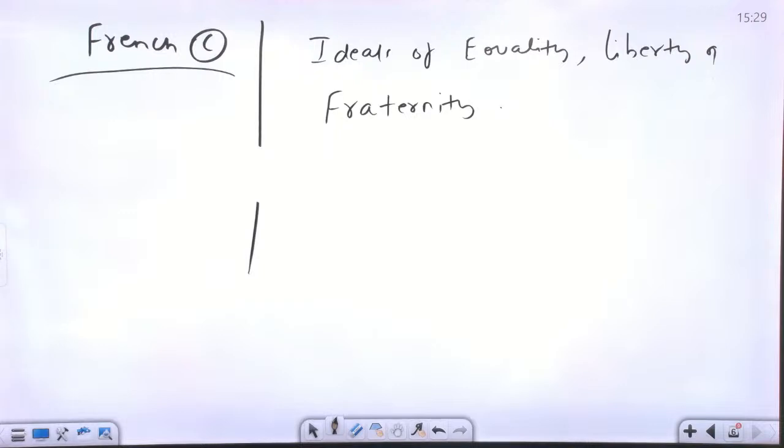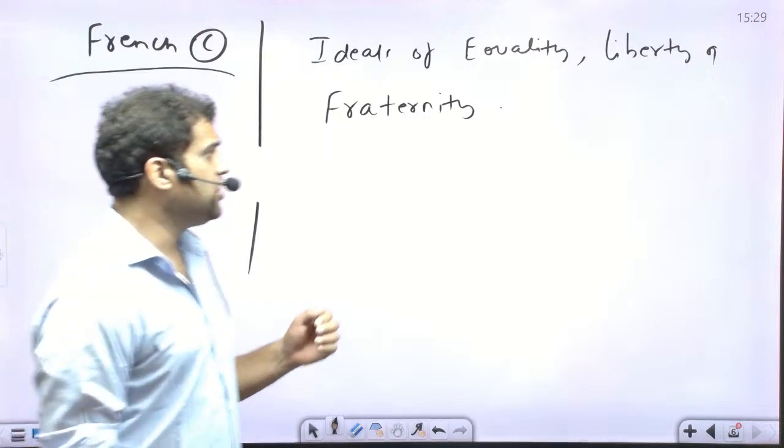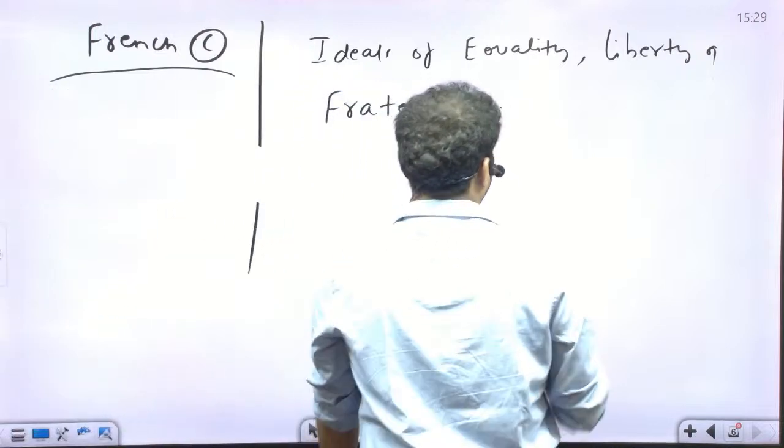Alright, guys. Ideals of equality, liberty, and fraternity in our preamble.